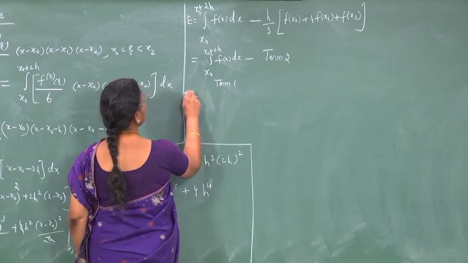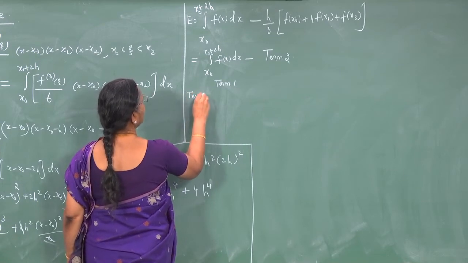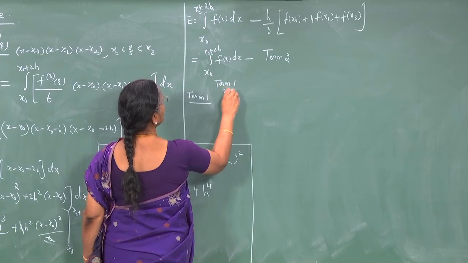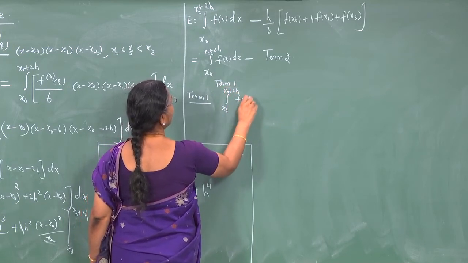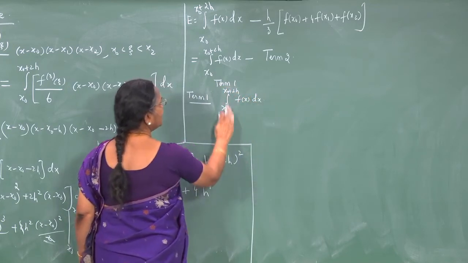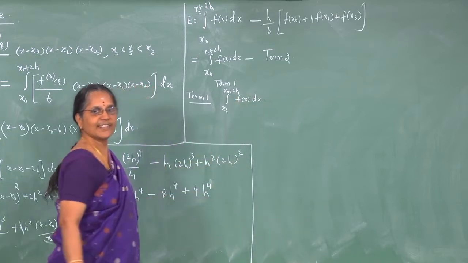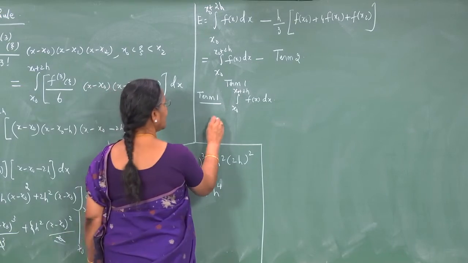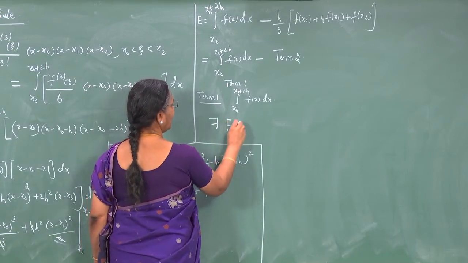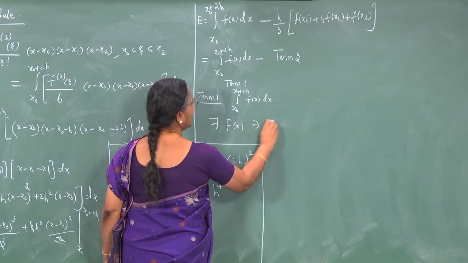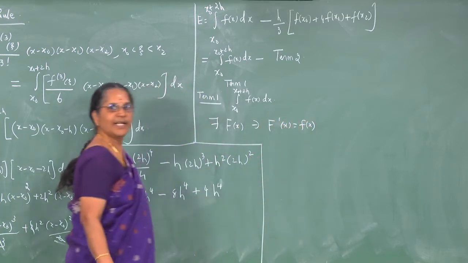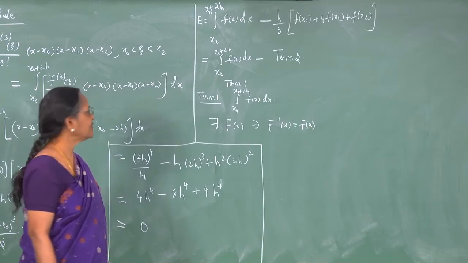So, let us first do term 1. It is the integral from x0 to x0 plus 2h of f of x dx. Now, this integral exists, f of x is a continuous function, and therefore there exists a function capital F of x such that F dashed of x is equal to small f of x by the fundamental theorem of integral calculus.